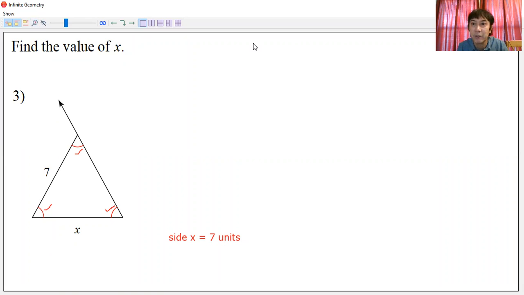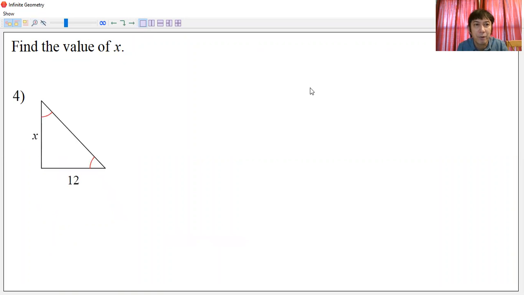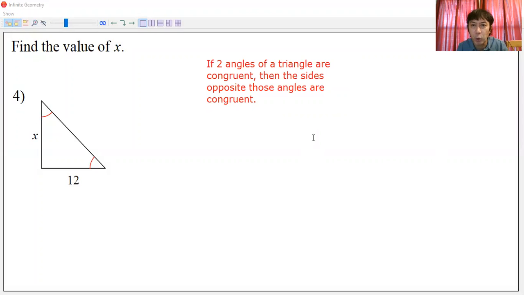We shall continue with the next, number 4. Okay, here's number 4, a similar simple figure with two angles marked congruent. When you see those marks there, that means those angles are equal. And we can make use of the statement, if two angles of a triangle are congruent, then the sides opposite those angles are also congruent.